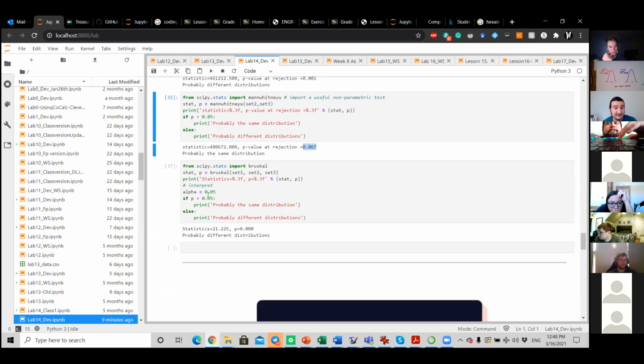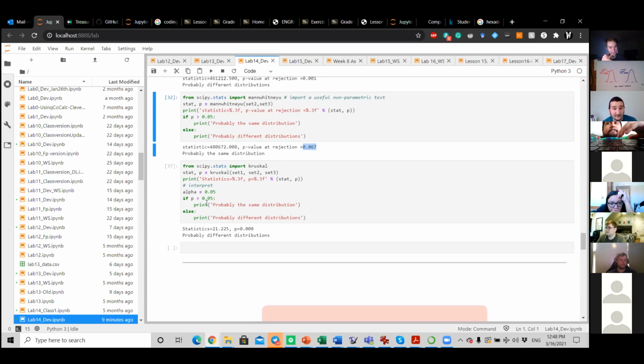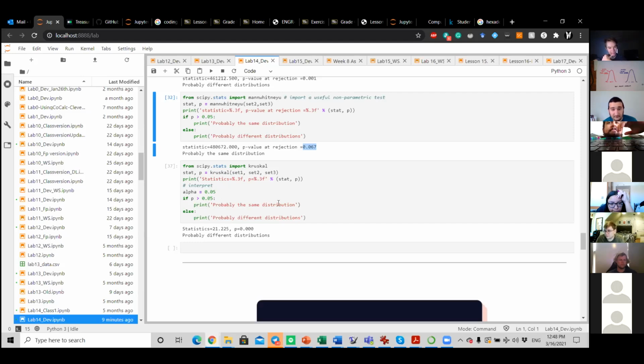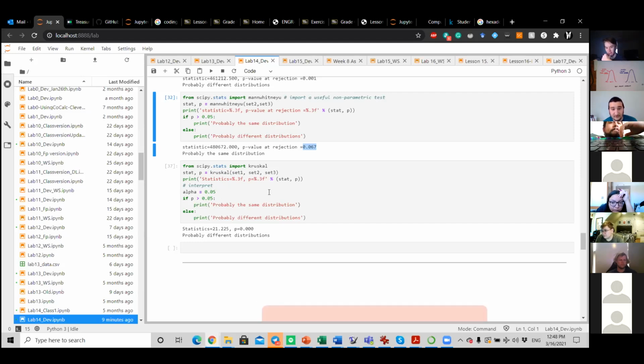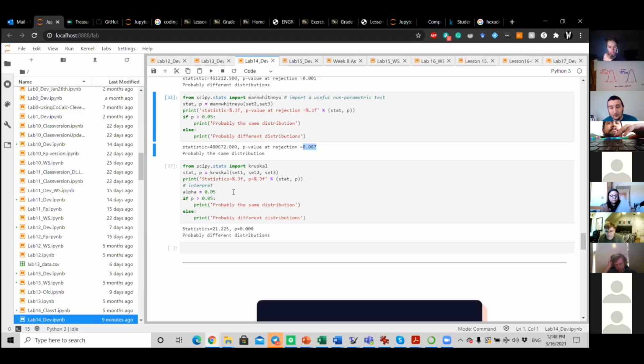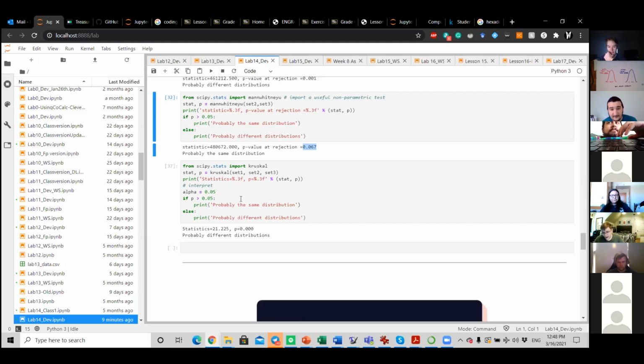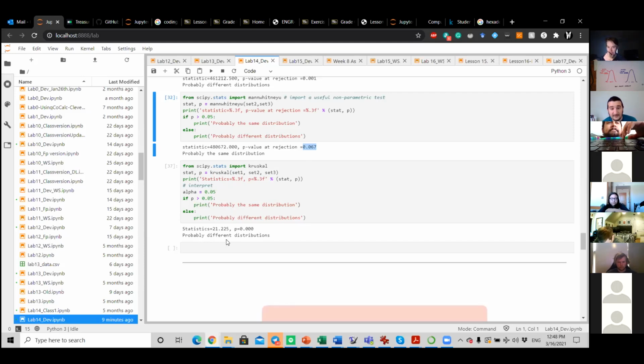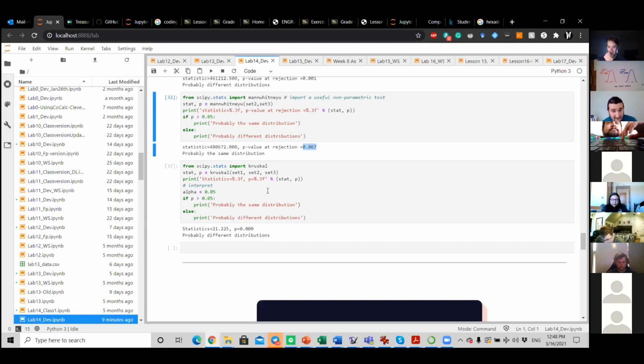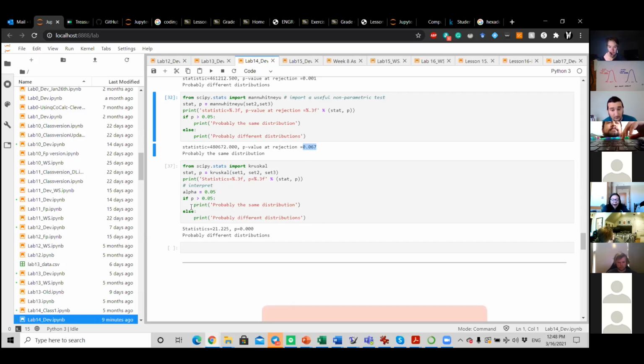We are going to basically say if my p-value is greater than this, all three are probably from the same distribution, and if it's not, at least one of them is from a different distribution. And running this gives us a very small p-value, which means that between set 1, set 2, and set 3, there is at least one of them that is different.